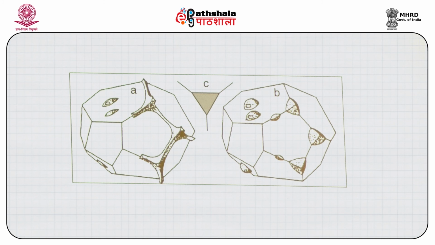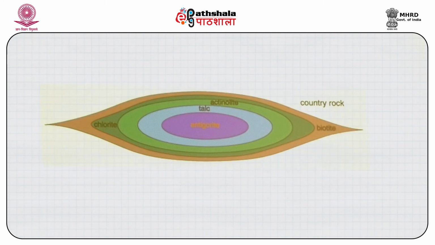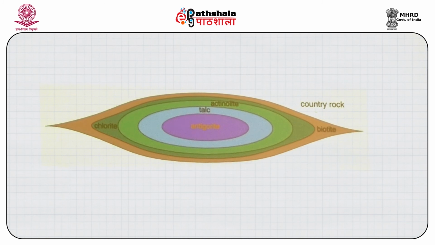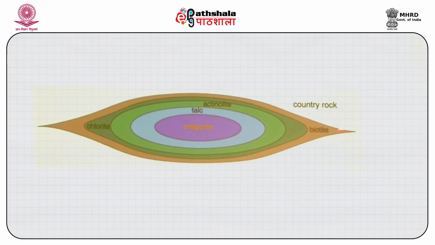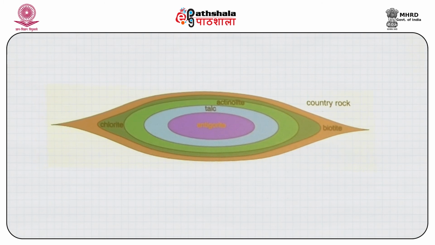You can see another example is here, where you have originally an ultramafic pod or a body of ultramafic rock surrounded by phyllites. So, when the metasomatic fluid comes, okay, it changes the original minerals. Say, for example, if it was originally peridotite, it will have mostly olivine and some pyroxenes. They will change into antigorite, talc, actinolite, chlorite and biotite, and then this whole rock changes.